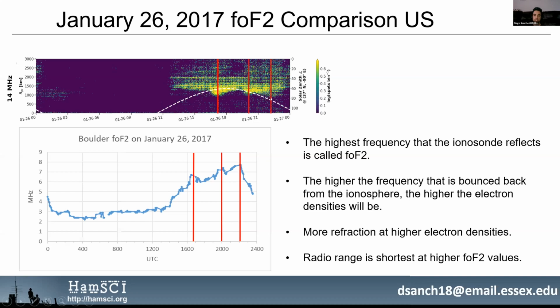And we could see that the two plots, our ham radio plots, line up very well with the Ionosonde data. So the higher foF2 frequency would correlate to a higher electron density in the ionosphere, therefore more refraction and a decrease in distances between transmitter and receivers with the ham radio spots.